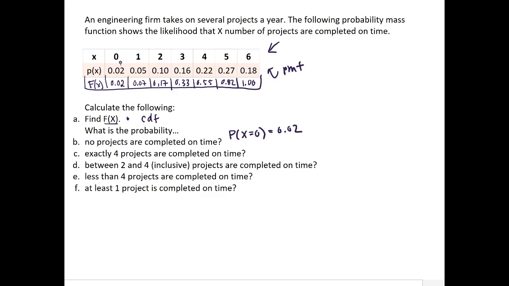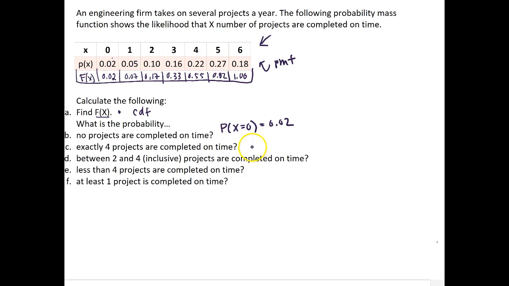We also should find the probability that exactly 4 projects are completed on time. So the probability that x is equal to 4 is, right here from the probability mass function, 0.22.